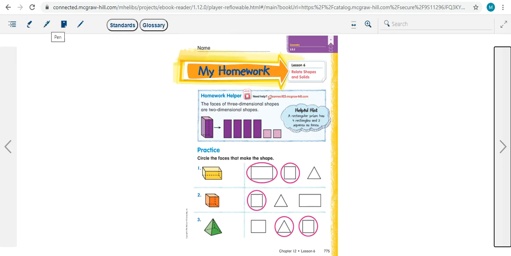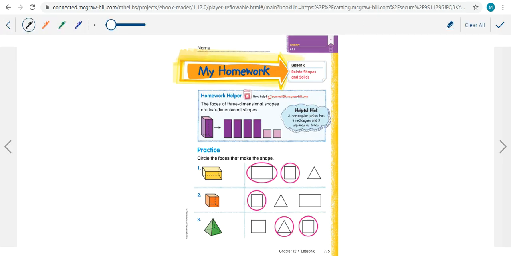Okay, remember that face is the flat surface of a three-dimensional shape. As you can see, the faces of three-dimensional shapes are two-dimensional shapes. A rectangular prism is made by 1, 2, 3, 4 rectangles and 2 squares. Number 1, circle the faces that make the shape.